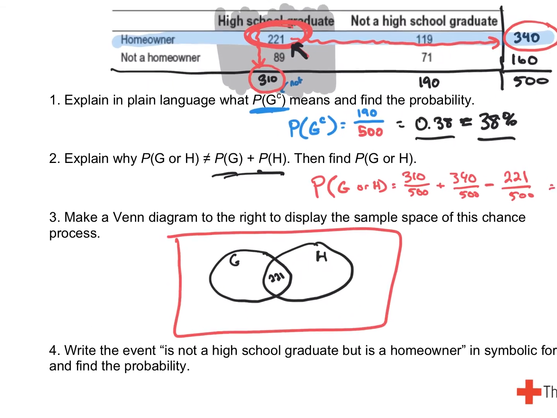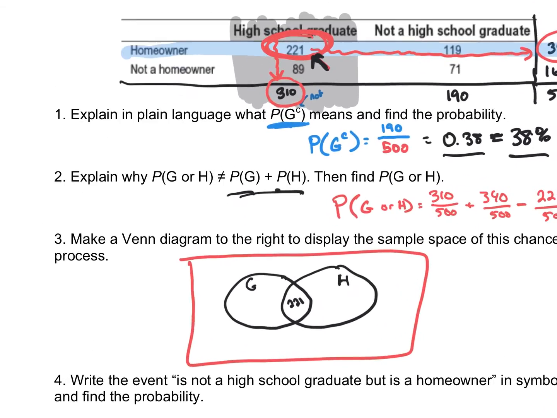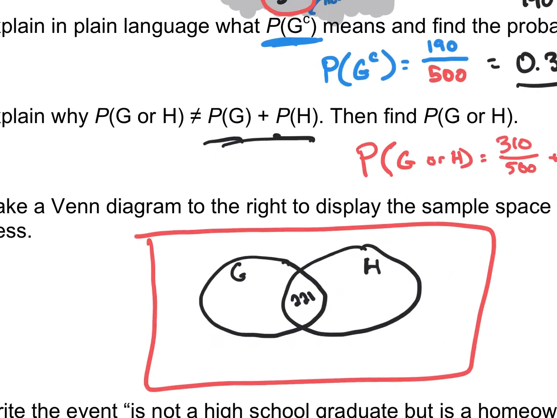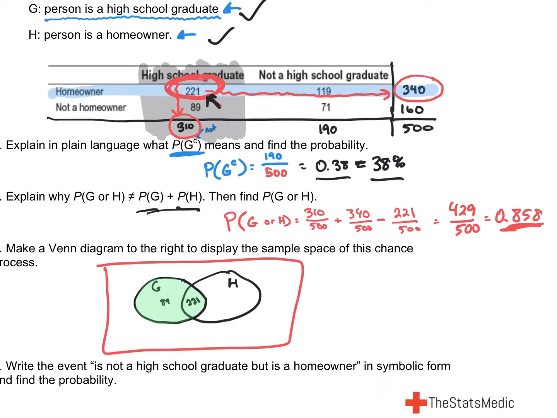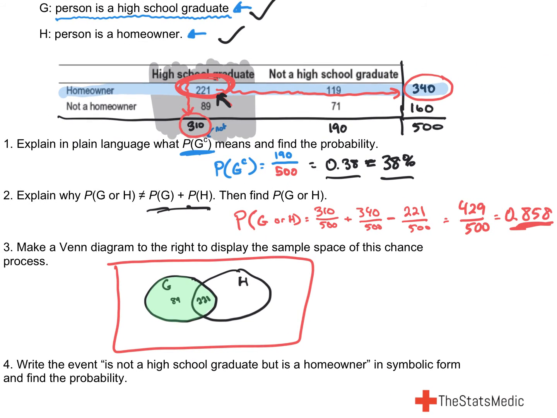Now, in order to be a high school graduate, G, it should be 310 total. So what we need here is 89 to be here, because if I were to take all of the high school graduates, the total is 310. So that makes sense, right? 310. And now, to be a homeowner, we need that to equal 340.